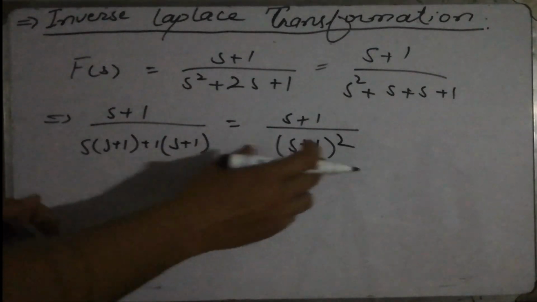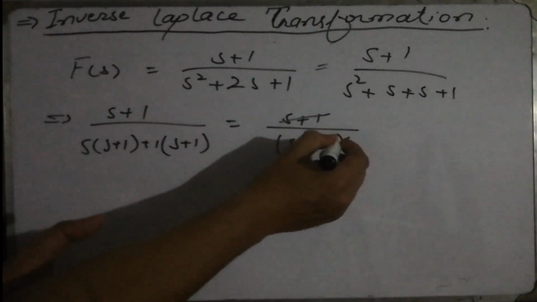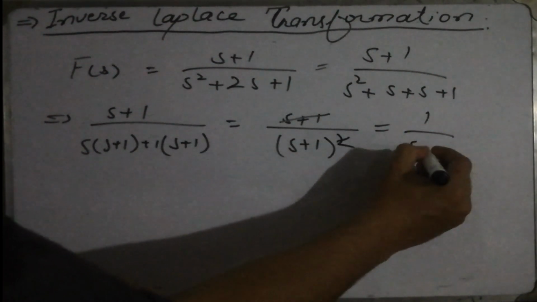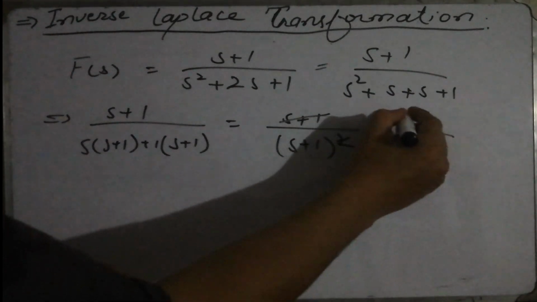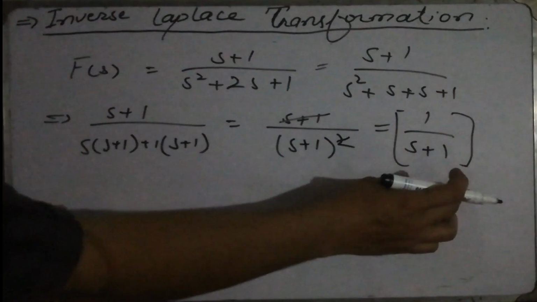And we have reduced it to this form, and then we can cancel out the s plus 1 with the square, and we would be left with 1 divided by s plus 1. Initially we had this function and we reduced it to this form.